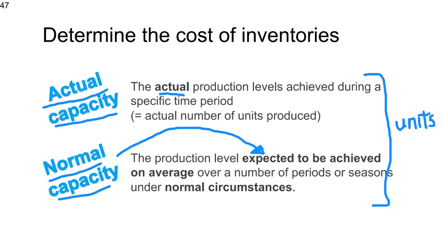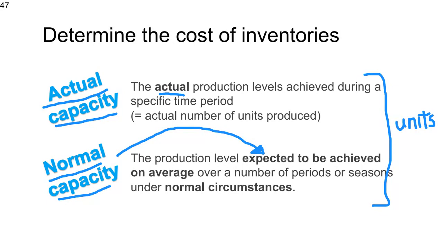So units produced, okay? Normal capacity is our best estimate of the number of units that we're going to produce. And we use that to now allocate the fixed costs, right?